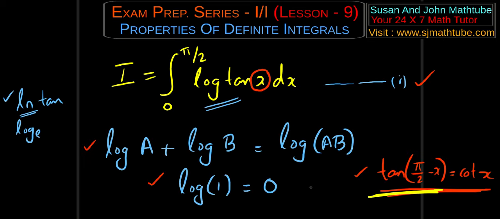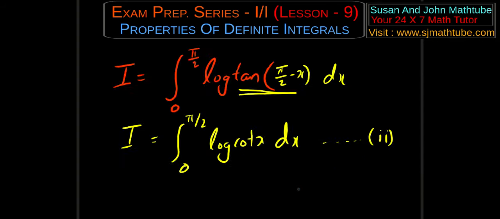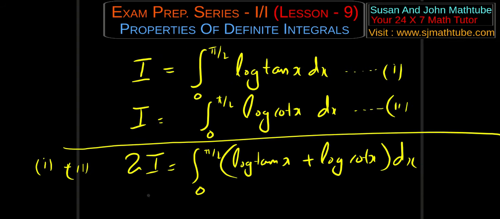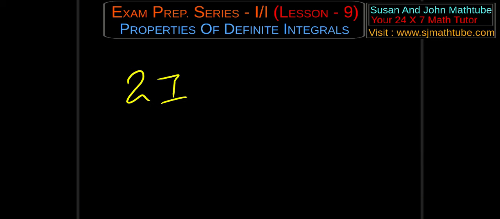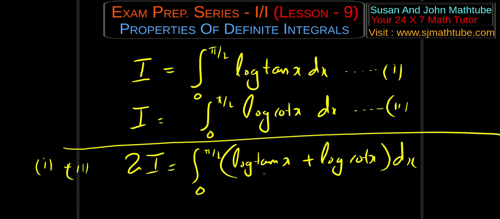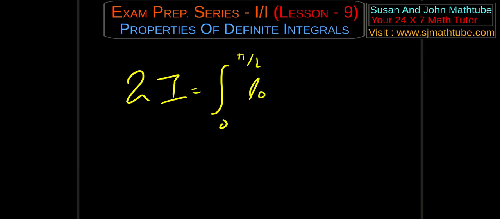Okay, now look at this. What is log a plus log b? Log a into b. So what happens over here is we end up with 2I equal to integral 0 to pi by 2. Look at this. Log a plus log b. Instead of a we have tan x, and instead of b we have cot x. So we get log tan x times cot x.